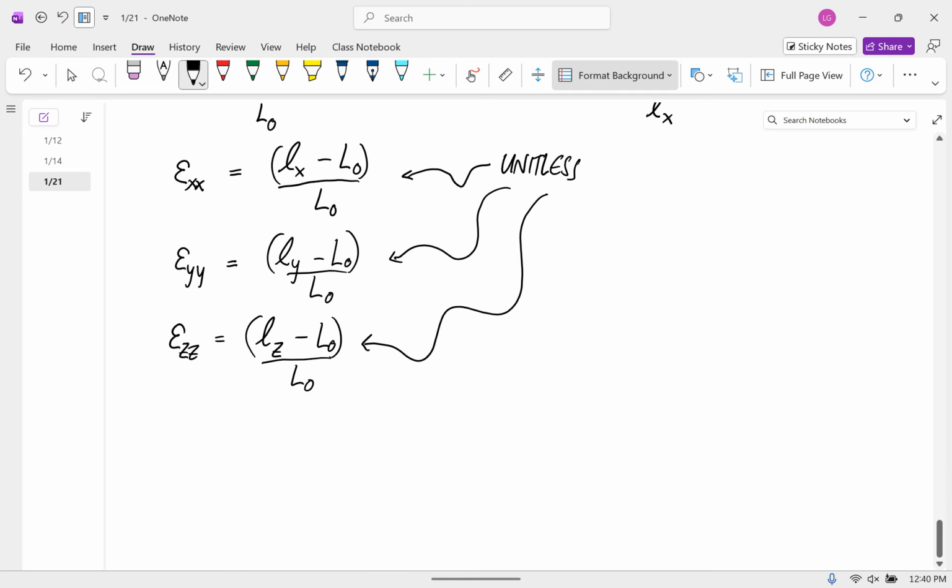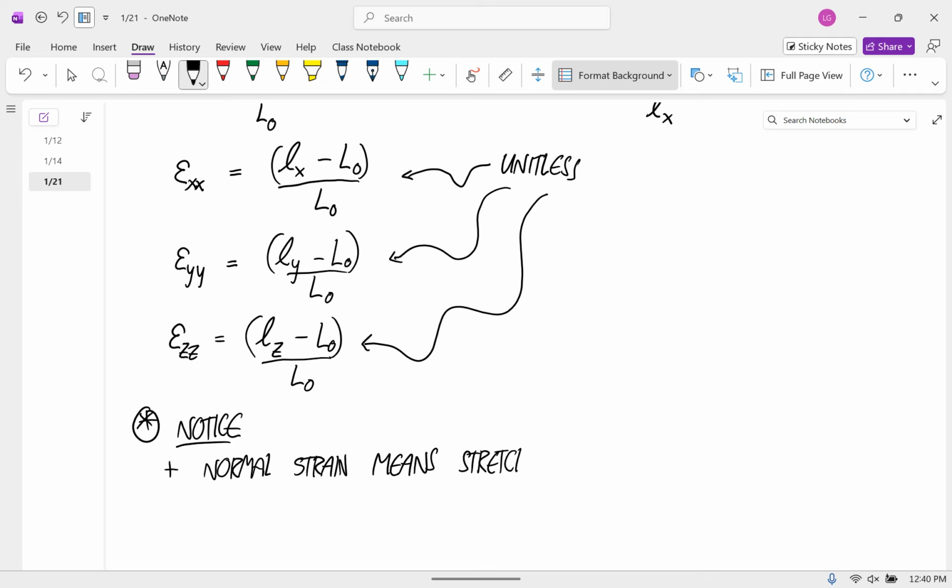One thing to notice about these is what the signs mean. So a positive normal strain, look at that definition and tell me, does that mean that the length is increasing or decreasing? Yep. So a positive normal strain means it stretches, and a negative normal strain means contraction.